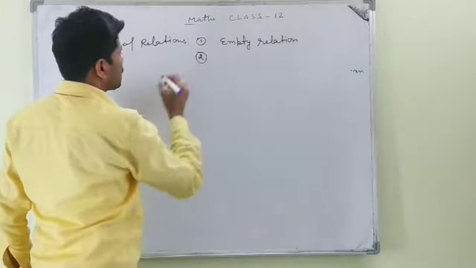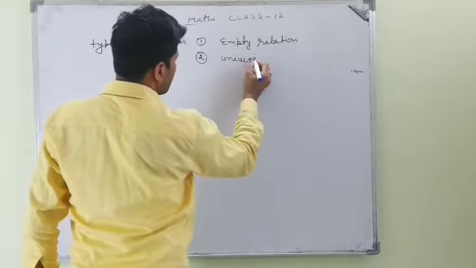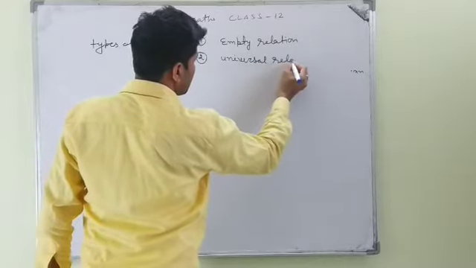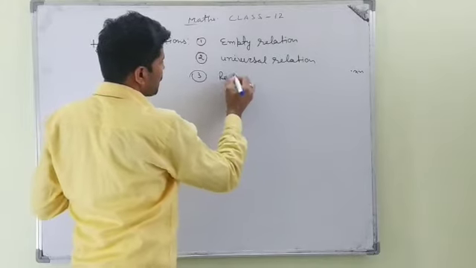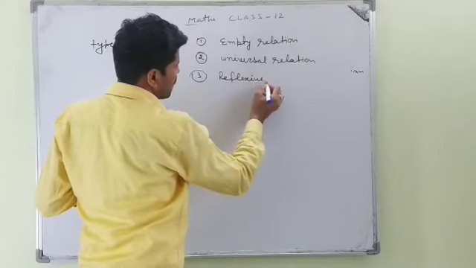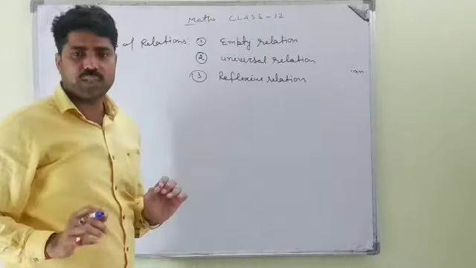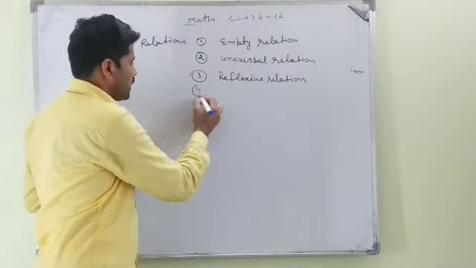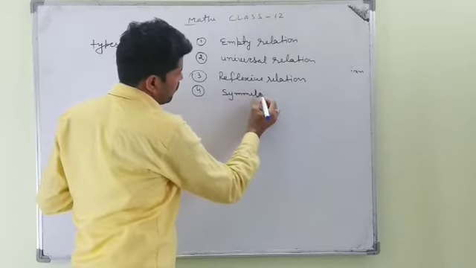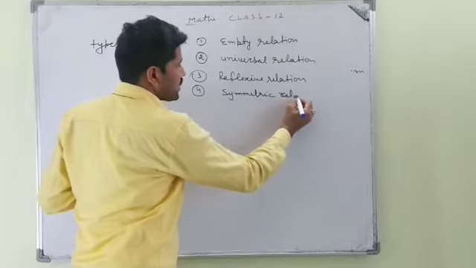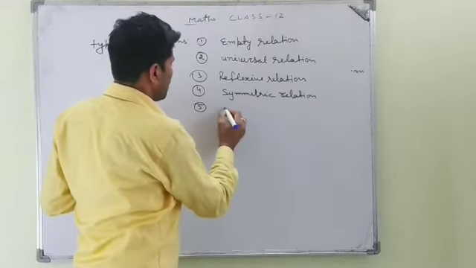Number two, universal relation. Number three, reflexive relation. Number four is symmetric relation, and number five is transitive relation.